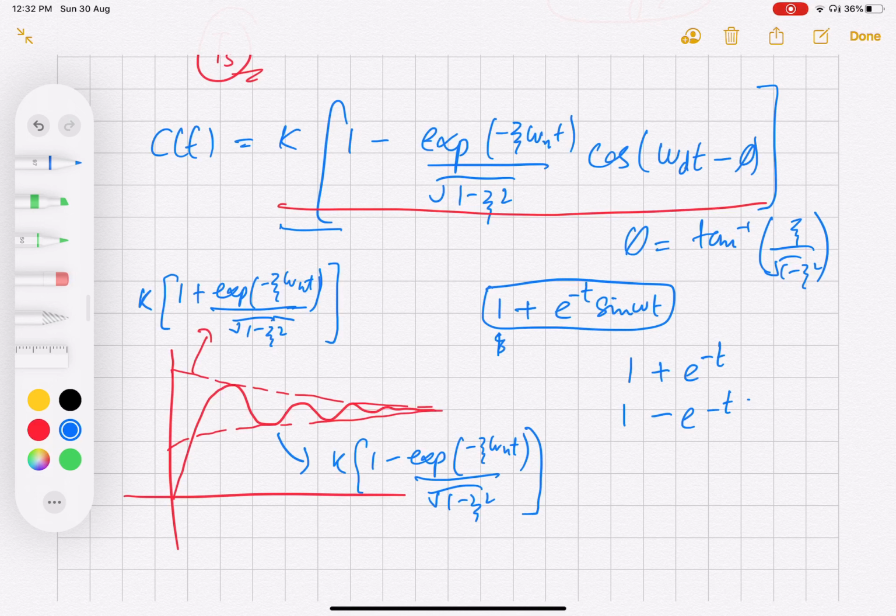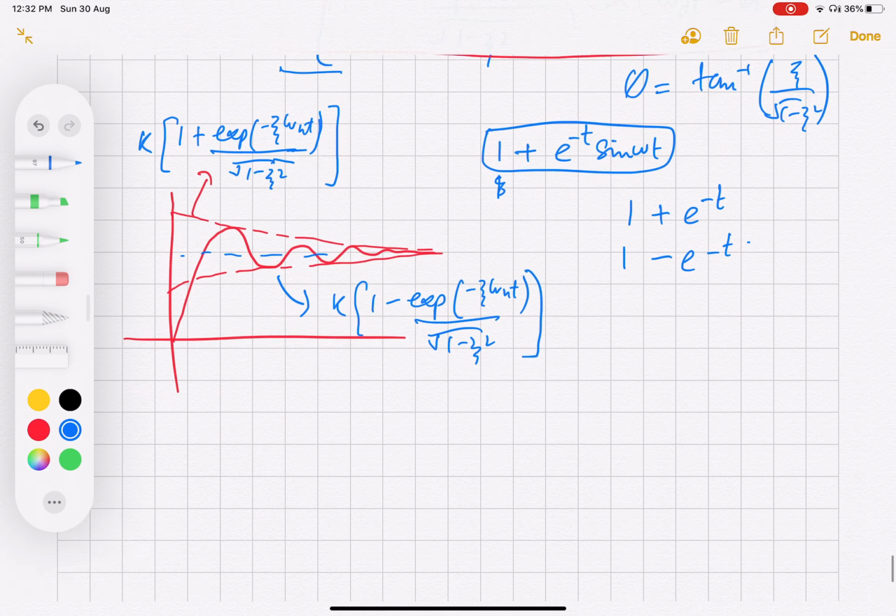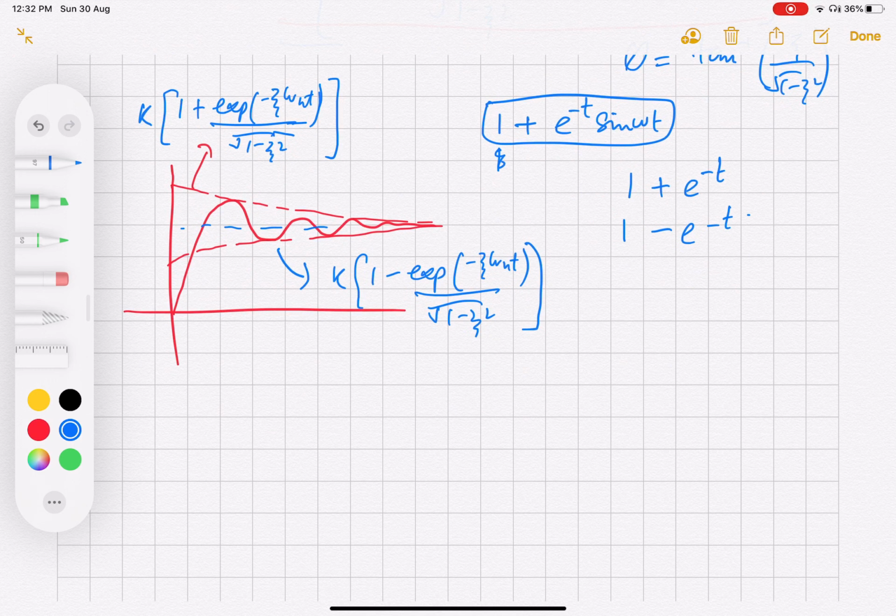So between these two envelopes, my waveform would be oscillating, right? So this helps us in finding the settling time, because we want to find the time when this envelope is only 4%, right? Remember the definition? The definition is 98% to 102%, right, of the final value.